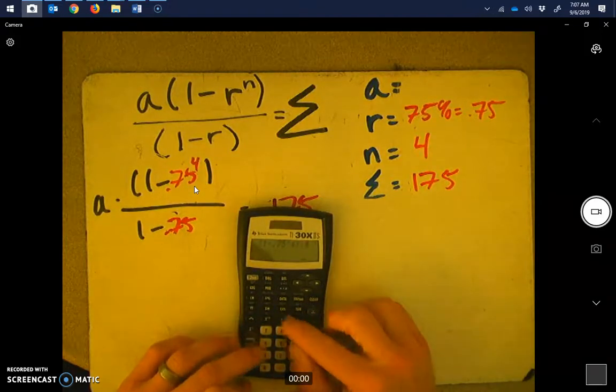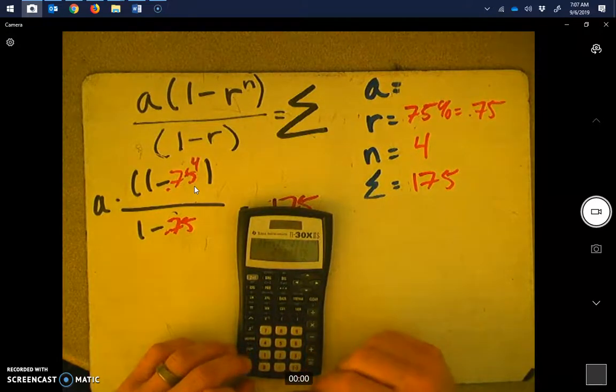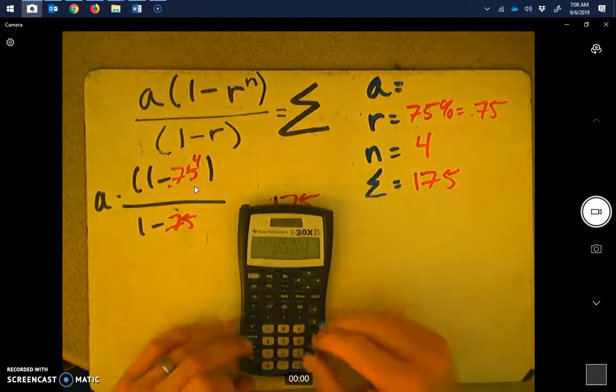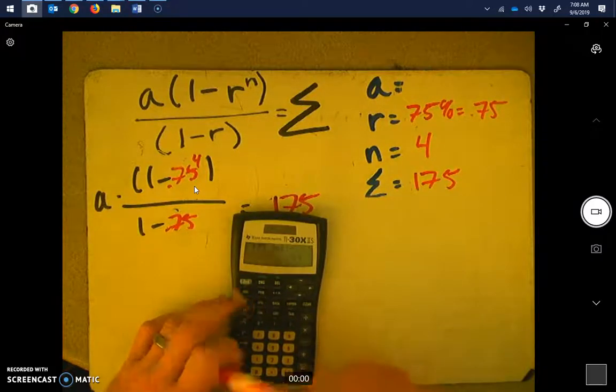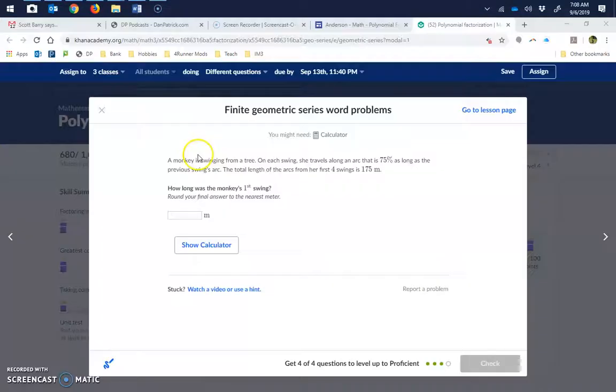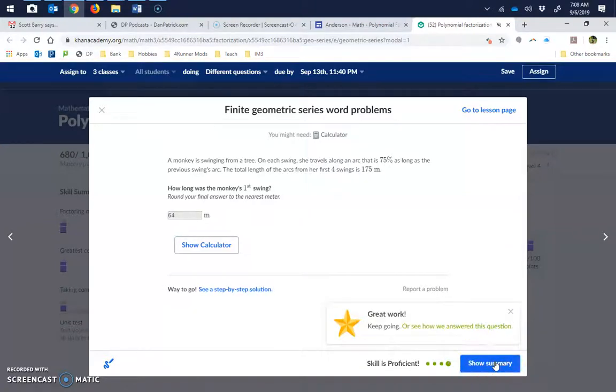The bottom is 1 minus 0.75, which is also 0.25. So you get 2.734375. 175, divide by that answer, we get 64. I don't remember what the measurement was. 64 meters was the distance of the first swing. And it's right. We are done.